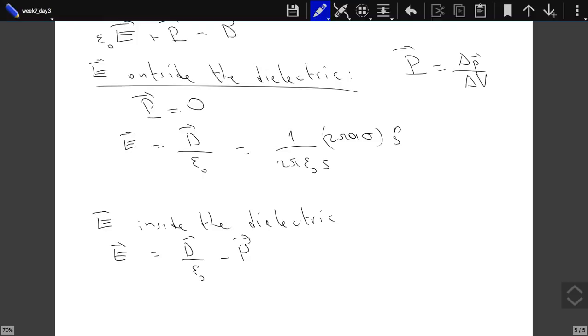We don't know. We should first calculate it. And then we can determine what the electric field is. But for the time being, we cannot determine it. So we don't know what the electric field inside the dielectric is.